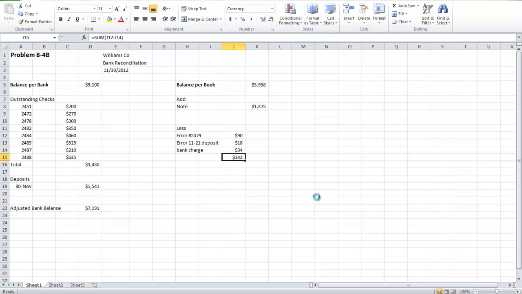We'll move this over to the next column. Okay. So my adjusted book balance should equal the $59.58 plus $1,375 minus the charges of $142, and so that also equals the adjusted bank balance.